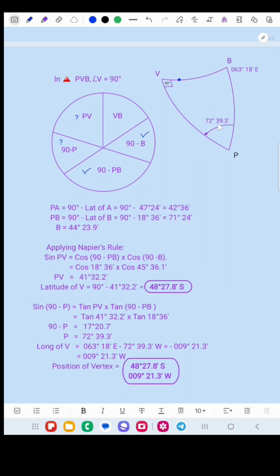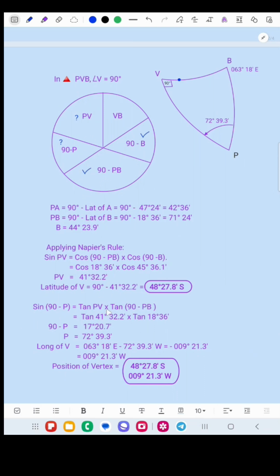Now we'll find out this angle P. So again we apply Napier's rule. Sine of 90 minus P is equal to tan of PV into tan of 90 minus PV.